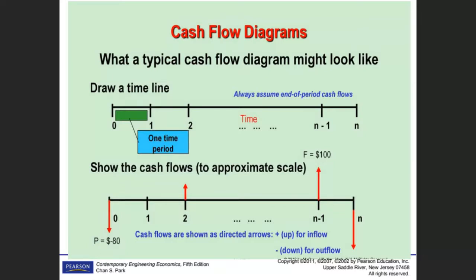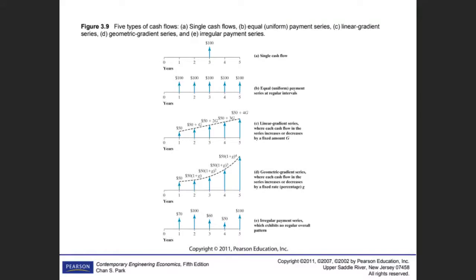If it is like this figure, if P is this one, what is the value of F, for example? This one you call a single cash flow, and the formula you know already, I have shared it. This is just an example of whatever we discussed in our book. This is the same thing, just repeating.